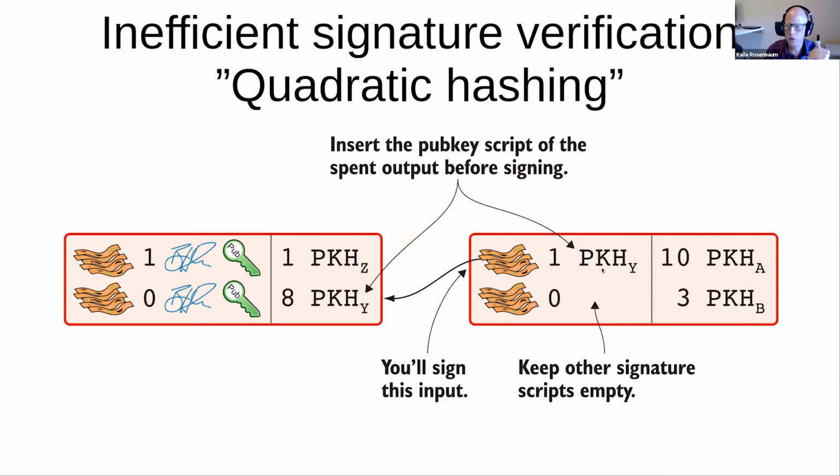So the way you do this historically is, before you sign this first input, you copy the pubkey script from the spent output, like this. This pubkey script is copied into the signature script here. And then you make a signature for this message here.